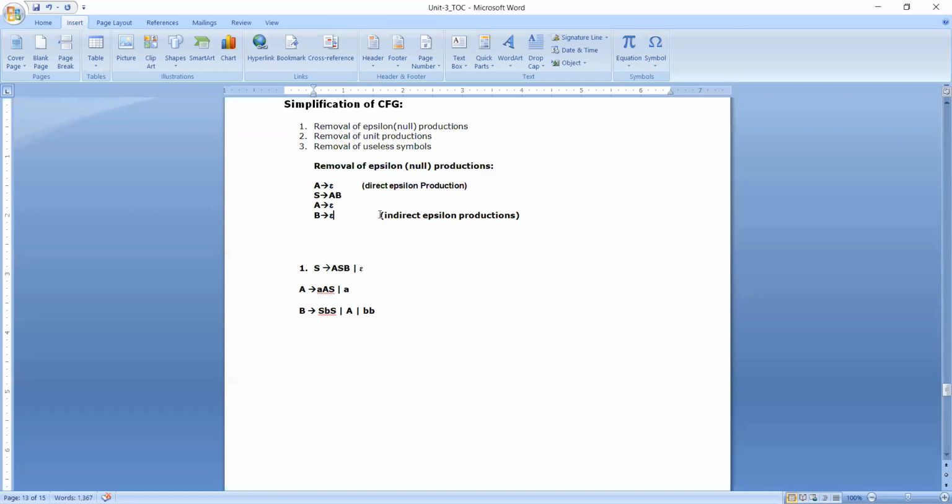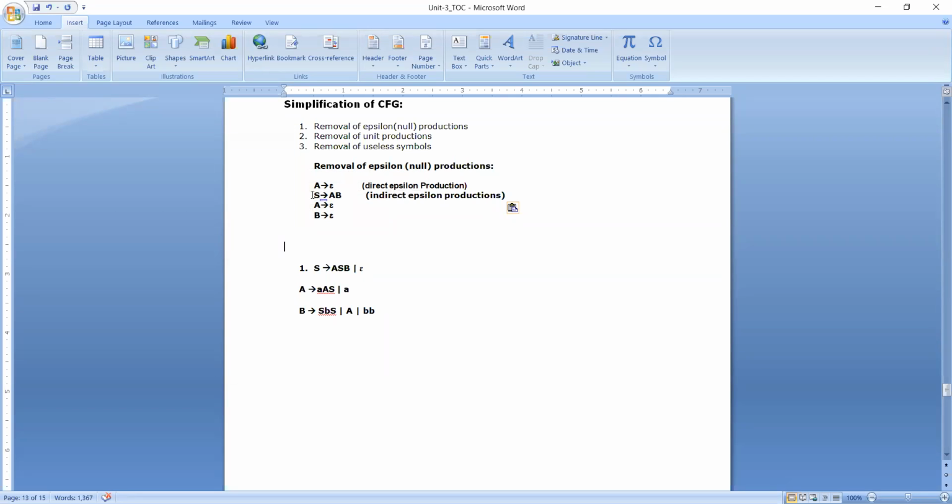Now please observe the given grammar. These two are productions which are directly null productions, because they directly derive epsilon.